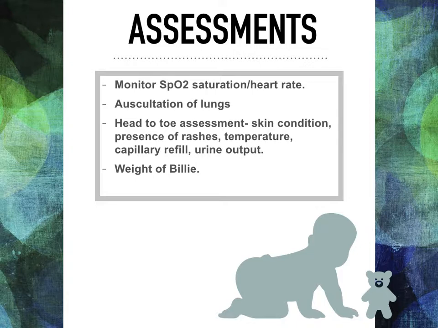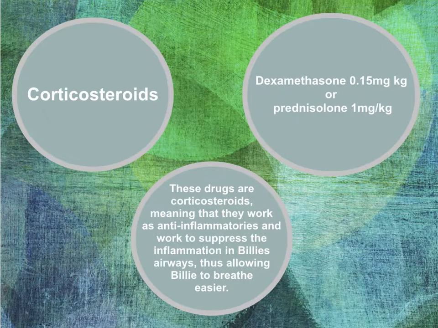For Billy, with his current presentation, the 3 most common medications used are oxygen, corticosteroids, and epinephrine. Billy is presenting with moderate croup, so he'll be prescribed dexamethasone 0.15 milligrams per kilogram or prednisolone 1 milligram per kilogram.